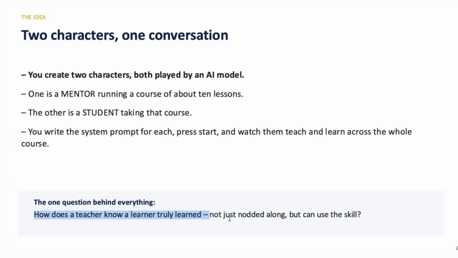And one question here is, we make things a little more complicated because otherwise it's not interesting. So the question is, how does a teacher know a learner truly learned? So how does a teacher understand that really, like, you are teaching AI, for example, and you say, okay, ChatGPT is this and this and this tool, and it can help you with presentations and blah, blah, blah.